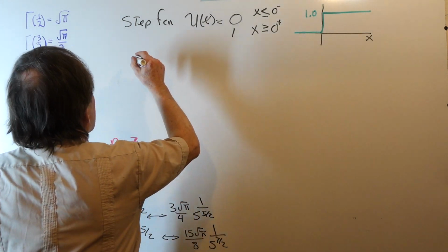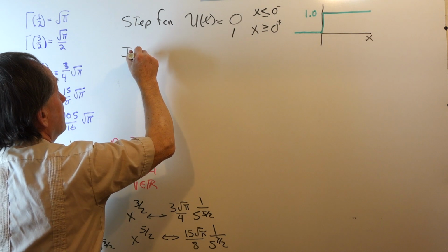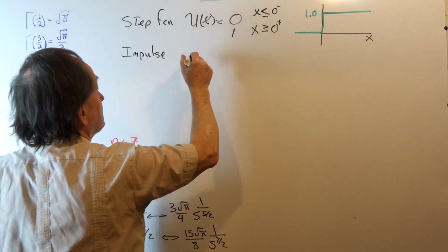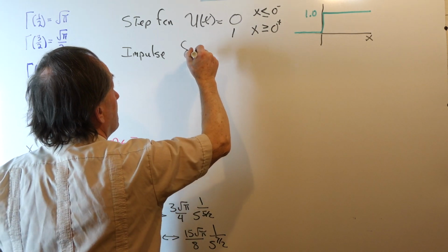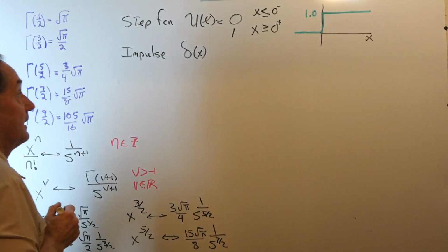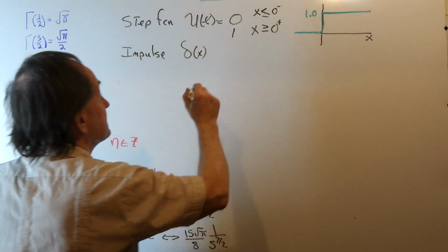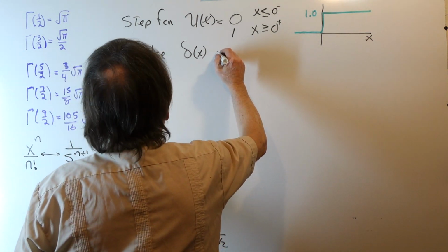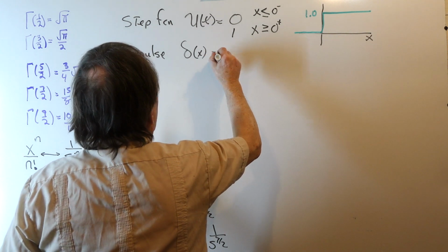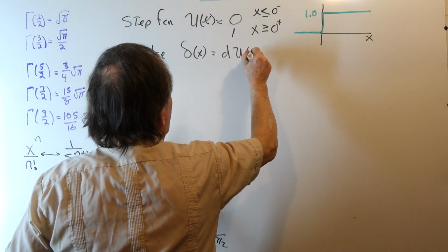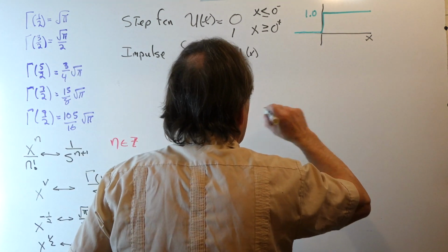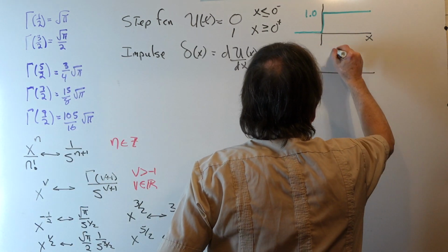Now the derivative of the step function is called the impulse function, or Dirac delta function. It's designated as delta x, and it's the derivative of u of x with respect to x, and it looks something like this.